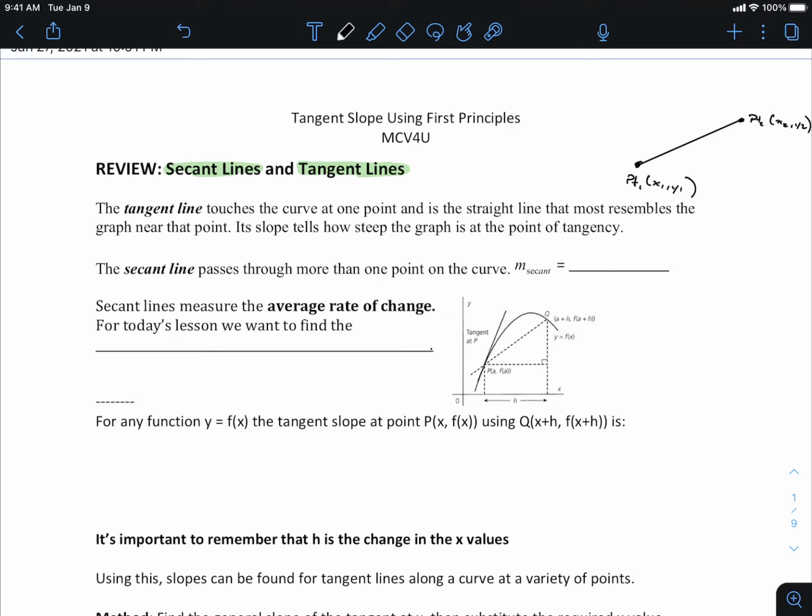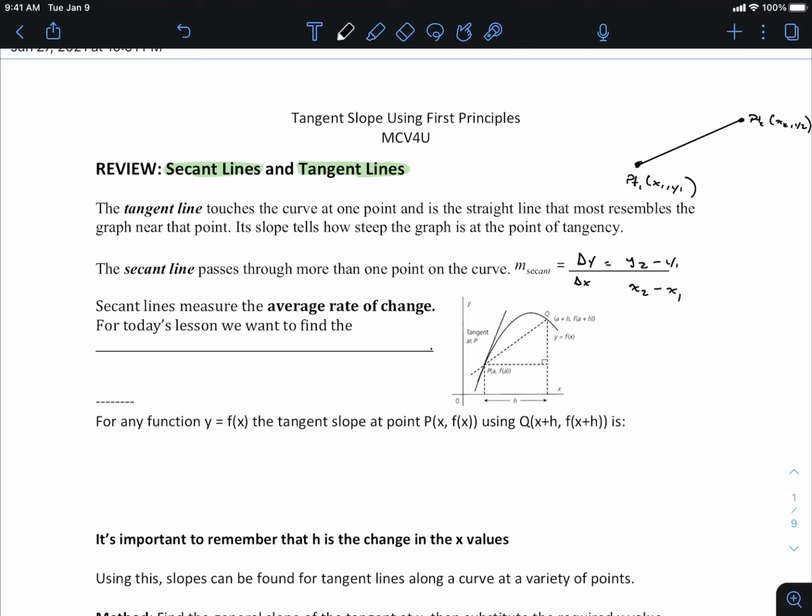We could have found the slope of that by finding the change in the y's over the change in the x's, right? Which would be equal to y2 minus y1 over x2 minus x1, right? So rise over run, right? So secant lines measure the average rate of change between 2 points, right?